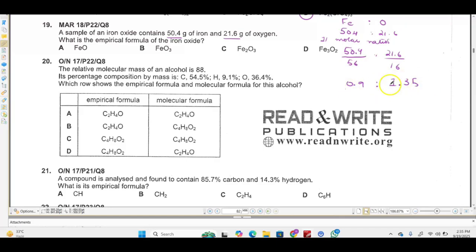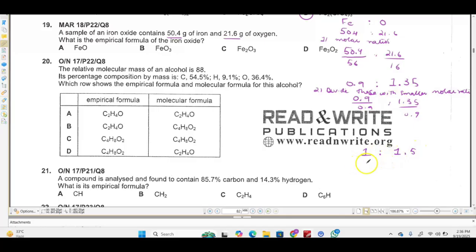So once we know the molar ratios, the second step is to divide these with the smaller molar ratio. Since 0.9 is smaller than 1.35, so 0.9 by 0.9 and 1.35 by 0.9. So the answer that we get is 1, obviously, over here, and 1.5 over here.